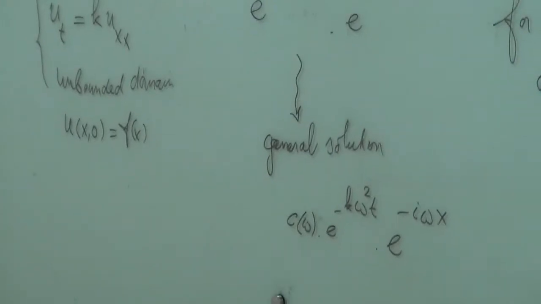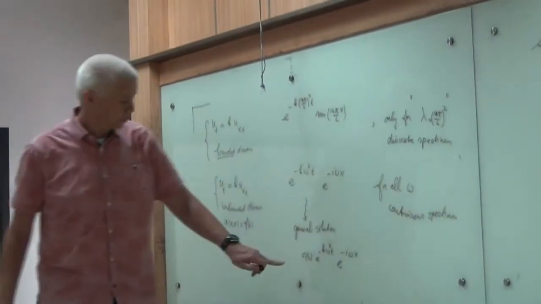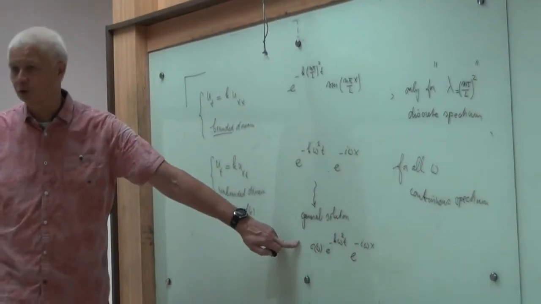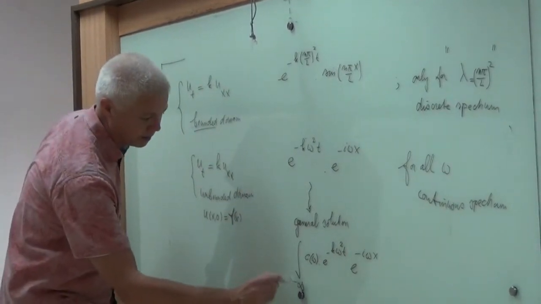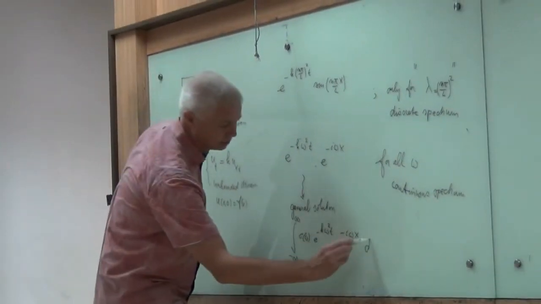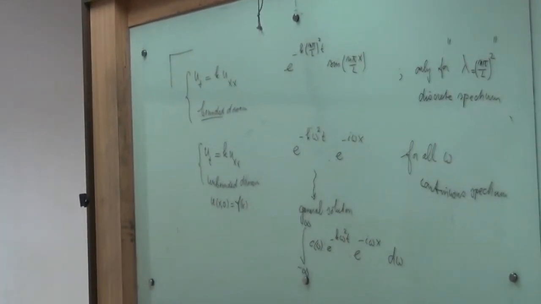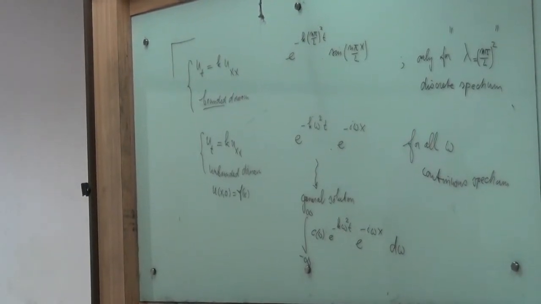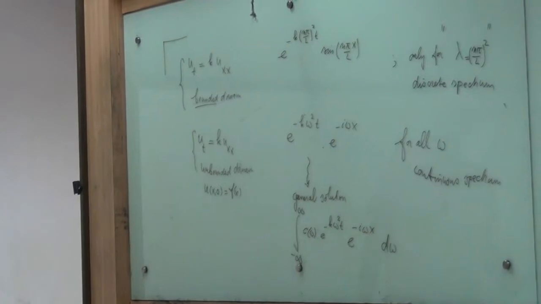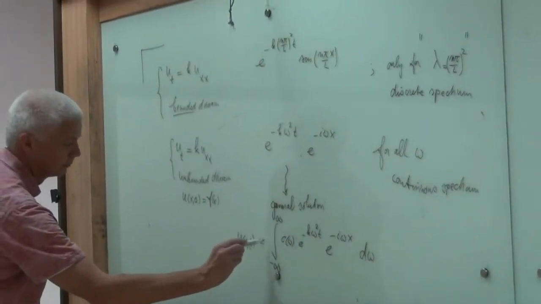And if you want to sum up over all omega, because here we found a sum of eigenfunctions, if we sum up all solutions, then we have to take an integral. So this is the general solution. You agree? With c omega still an arbitrary function.